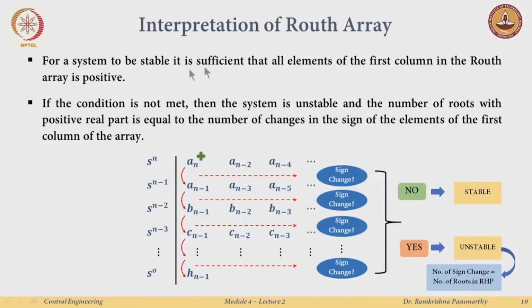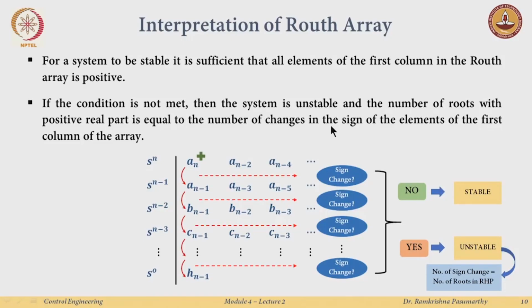Just to repeat, for the system to be stable, it is sufficient that all elements of the first column are positive. I will see later why it is just a sufficient condition. If this condition is not met, if there is a sign change, then the number of roots with positive real part is equal to the number of sign changes.